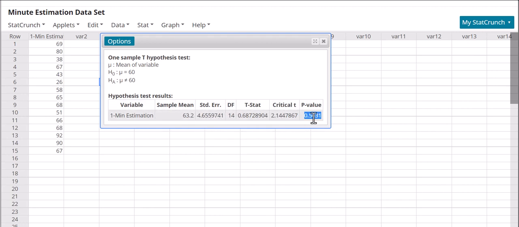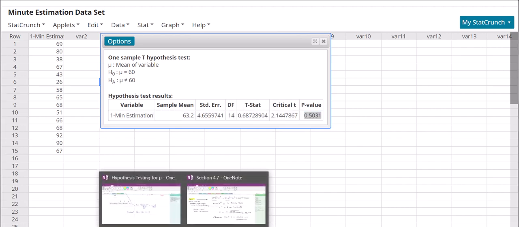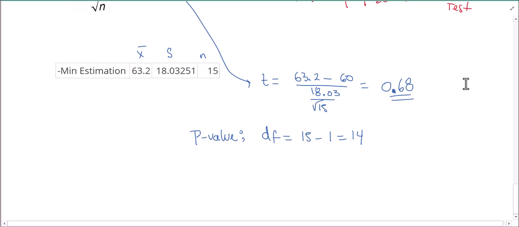So that's our p-value. So let's copy that. But this is kind of nice because notice our t statistic is 0.68, which is what we got. So that means that the work that we were doing was correct. It's just that unfortunately we can't use the table.